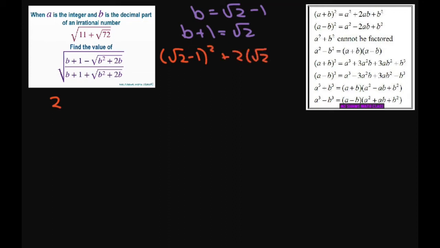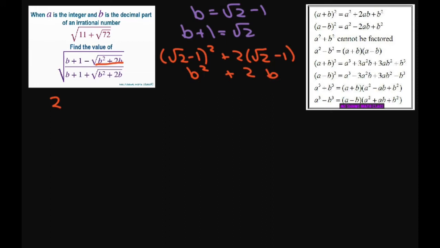So we have B equals square root of 2 minus 1, or B plus 1 equals square root of 2. Now for this piece, let me write it again: square root of 2 minus 1 squared plus 2 times square root of 2 minus 1. And that's going to be our B squared plus 2B.